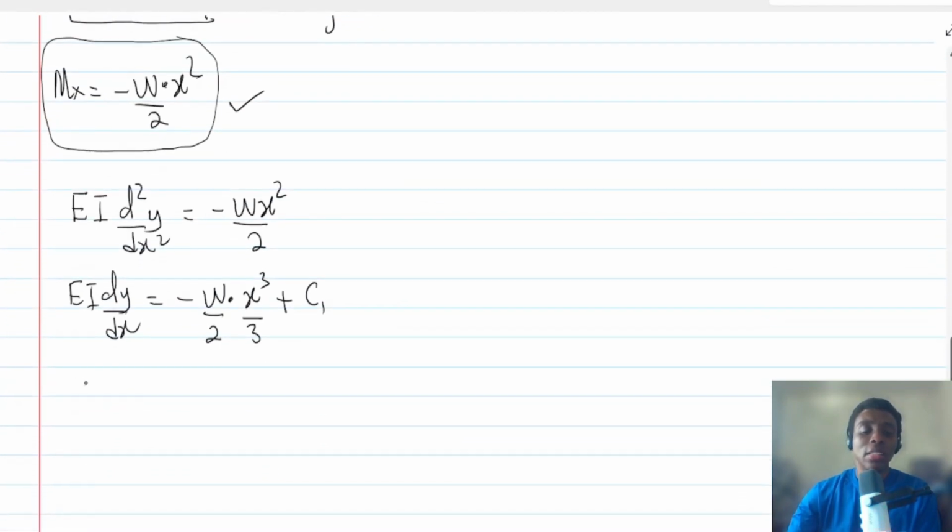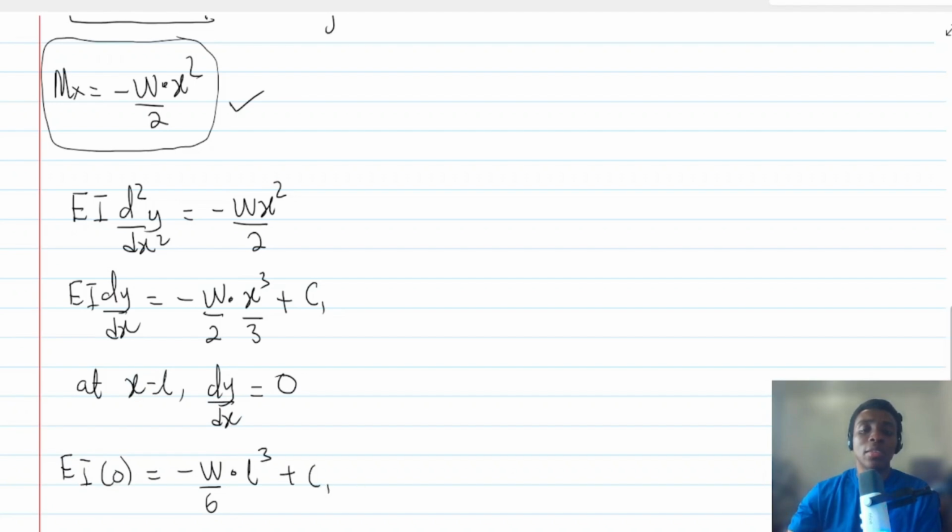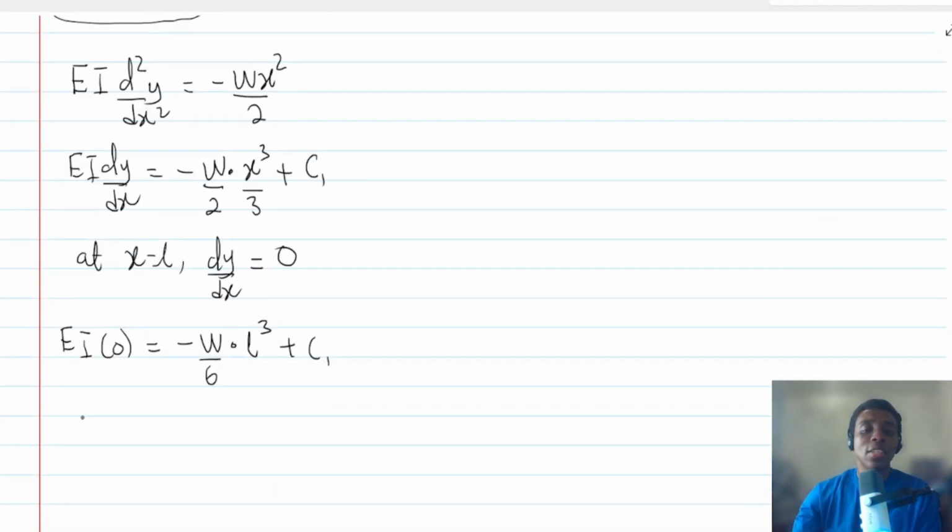So that is it. Now let's try to solve for C1. At x equals L, at the fixed end, dy/dx, the slope, is 0. So we will have EI times 0 equals minus w over 6 multiplied by x cubed, which is L cubed, plus C1. Therefore C1 is w over 6 L cubed.